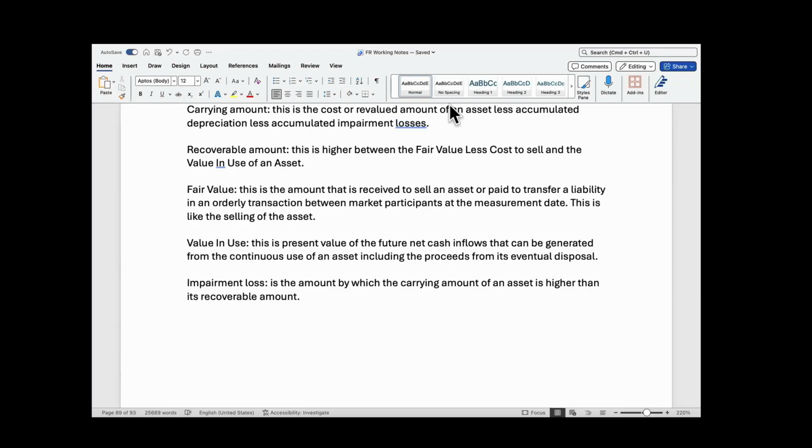Okay, so credit assets and debit impairment. That's P&L. Impairment expense under P&L. That's perfectly correct.